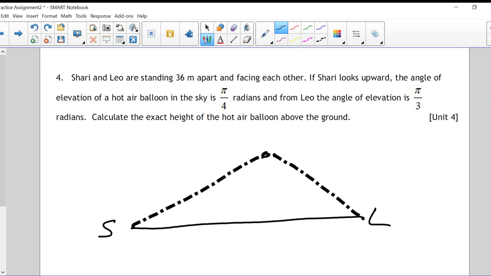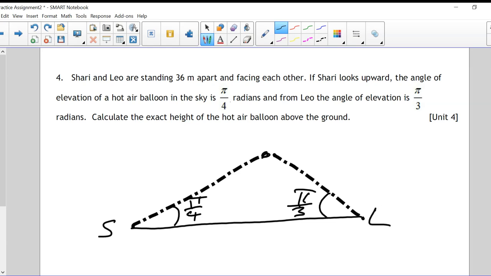When Shari looks upward, her angle of elevation is pi over 4. So let's say this is pi over 4. When Leo looks upward, the angle of elevation for him to the same balloon in the sky is pi over 3. They're not equal. This is not a nice isosceles triangle.